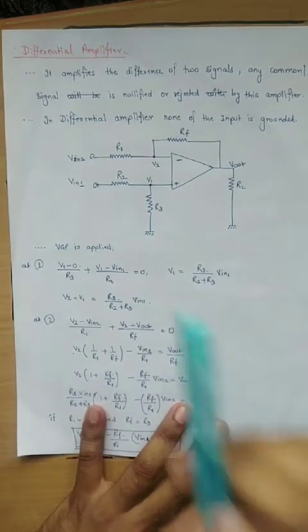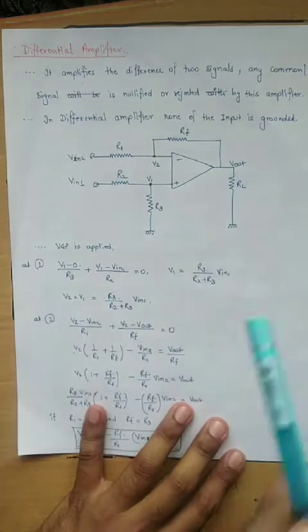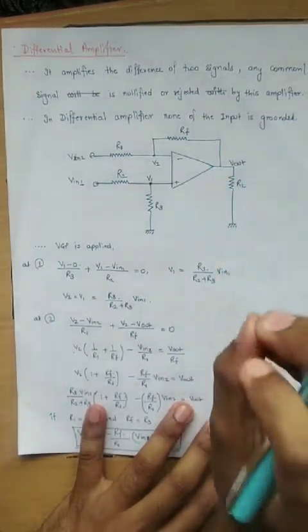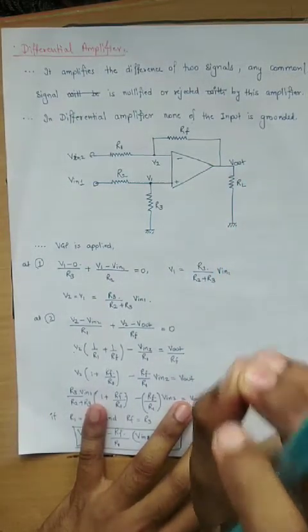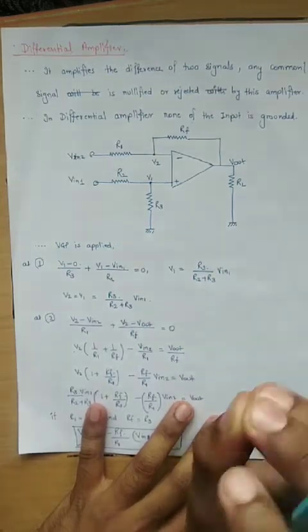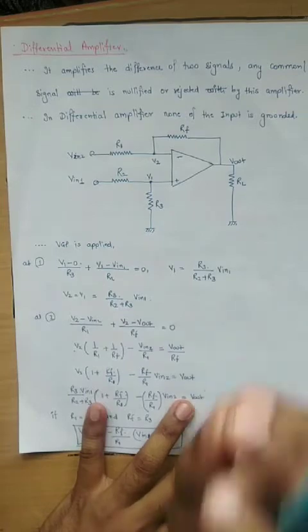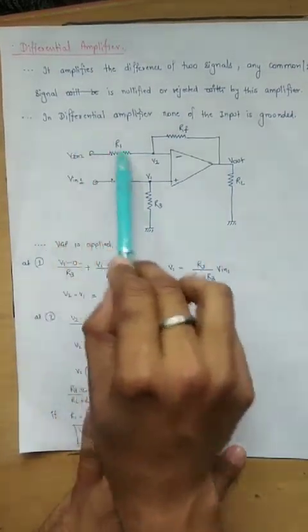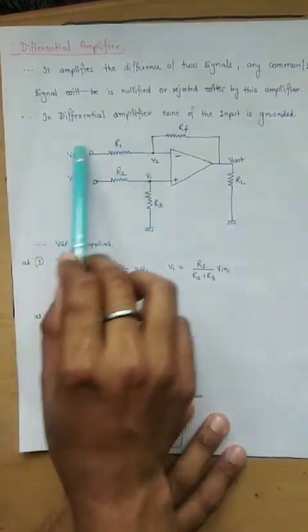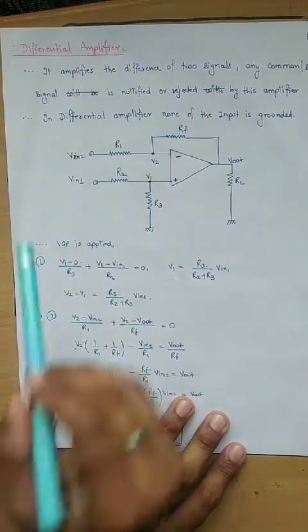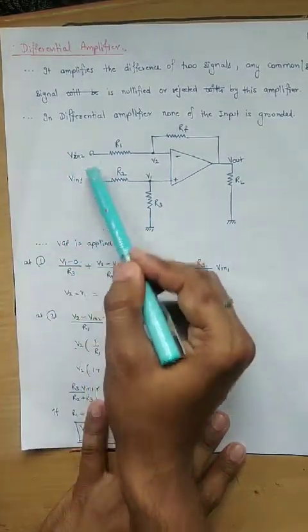So why do we use a differential amplifier? Because it amplifies the information signal only, or message signal only. Whatever noise or humming is there is cancelled by this subtraction, because noise is always the same at both the inputs.